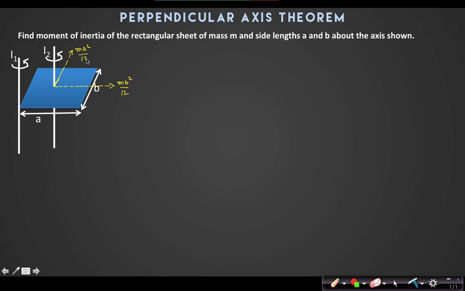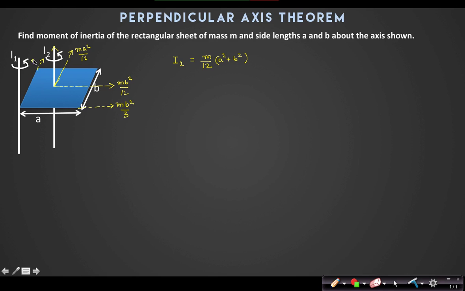Now can you see that I2 is perpendicular to these two axes? I2 is the addition of these two, M by 12 into a square plus b square. Similarly, do I know the moment of inertia about this axis? M b square by 3. And about this axis?